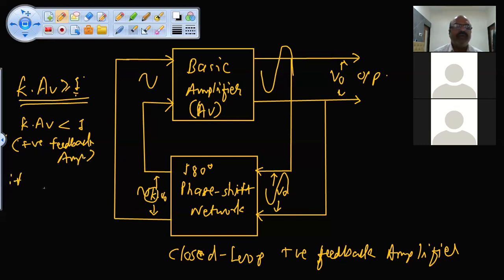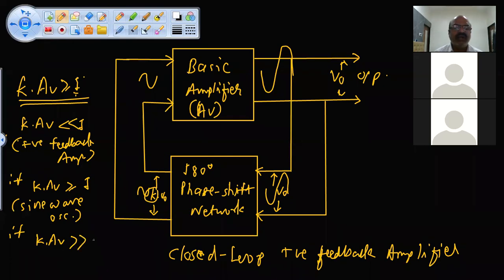If K times AV is greater than or equal to 1, it becomes a sine wave oscillator. If K times AV is much greater than 1, then it becomes a square wave oscillator.